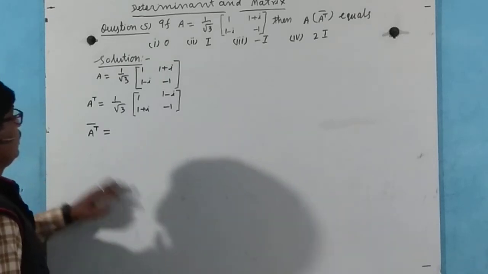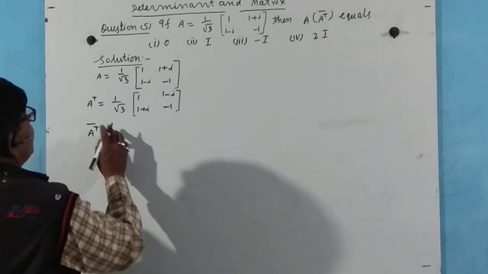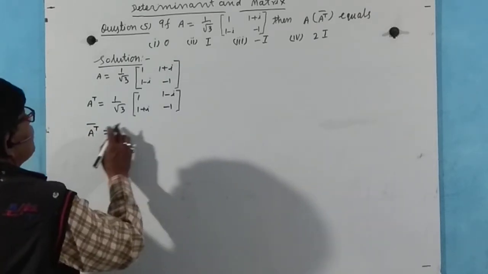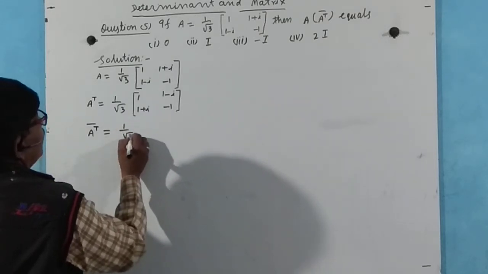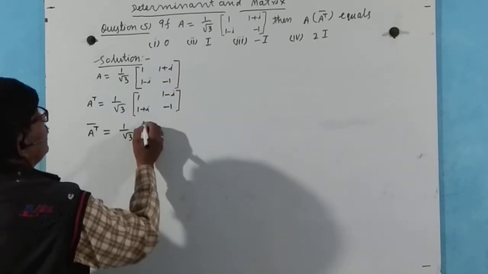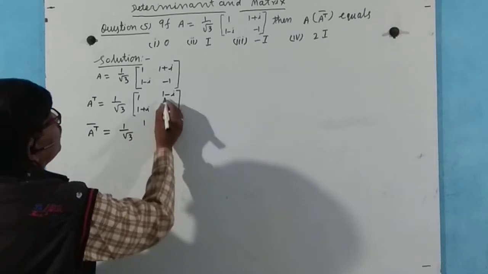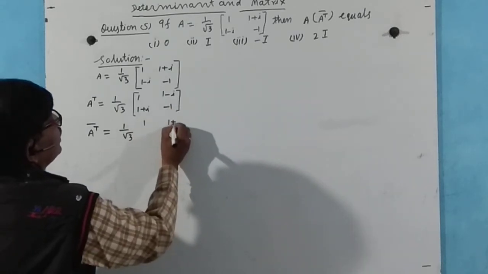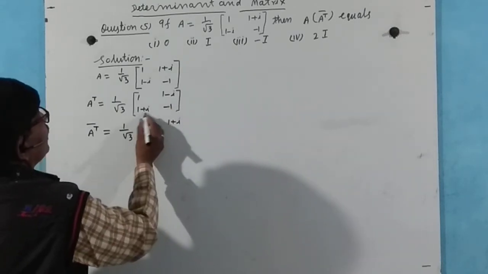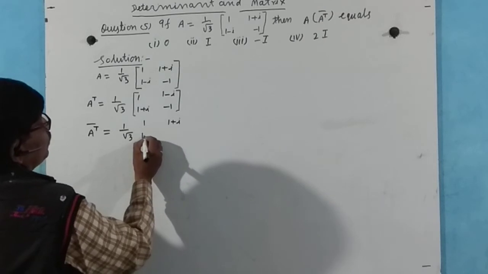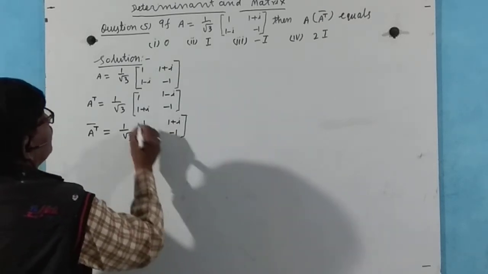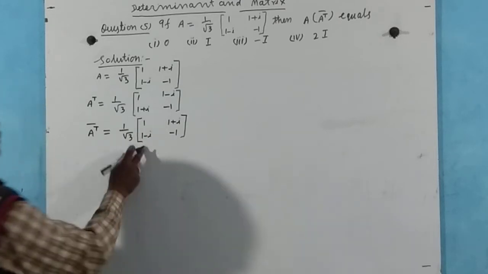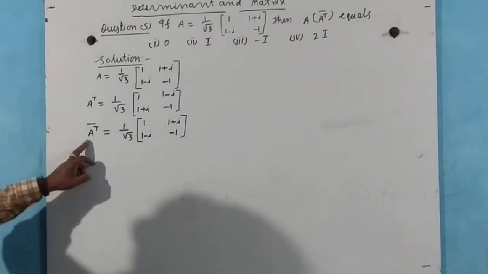So the conjugate of the transpose of matrix A is 1 by root 3 with 1, 1 plus i, 1 minus i and minus 1. This is the conjugate of the transpose of matrix A.